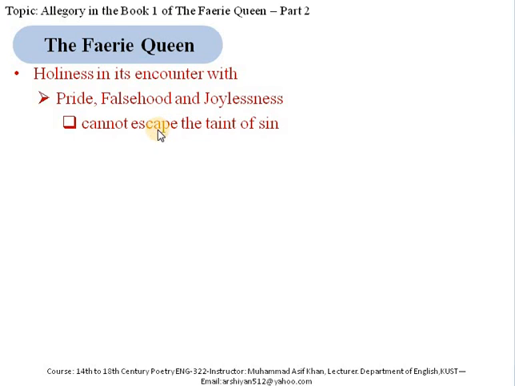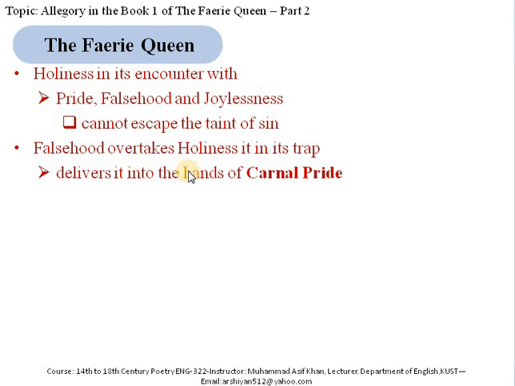And we see that the result is the innovation of its power, and the weakness of its power. Falsehood overtakes holiness once again, and holding it in its trap delivers holiness into the hands of dreadful, terrifying, carnal and sensual pride. That very carnal and sensual pride is represented by Orgoglio.